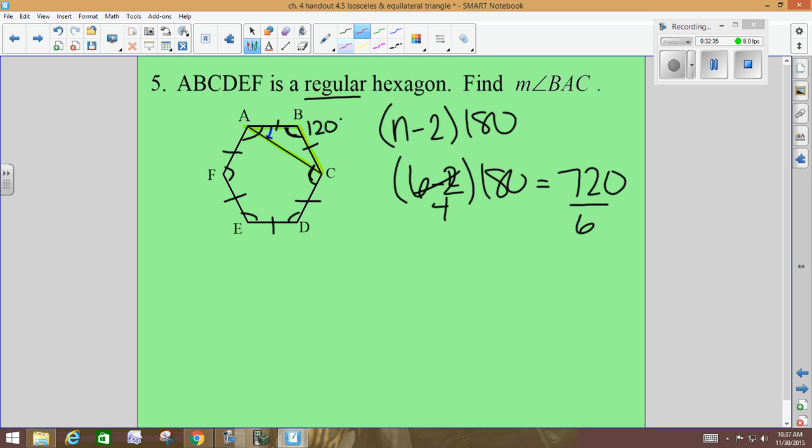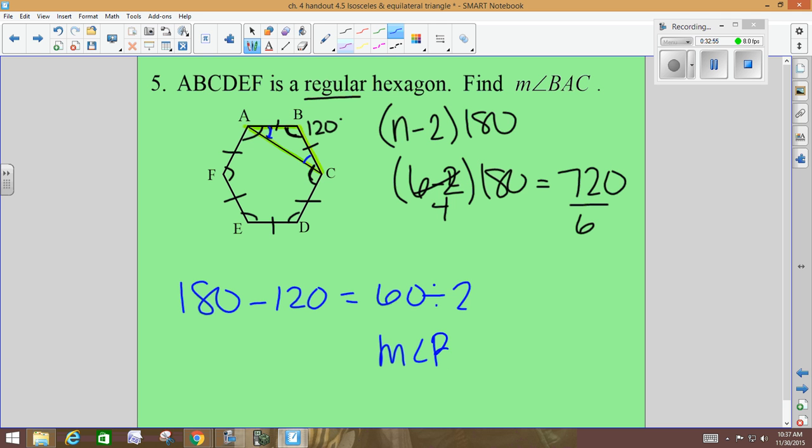In this case, it's going to be the blue one we're trying to find and the other guy. So when I use my triangle sum theorem, 180 minus 120, Jack said that gives us 60 left over. Together, these guys are 60, but they're congruent, so divide it by 2, and you get the measure of angle BAC to equal 30 degrees.